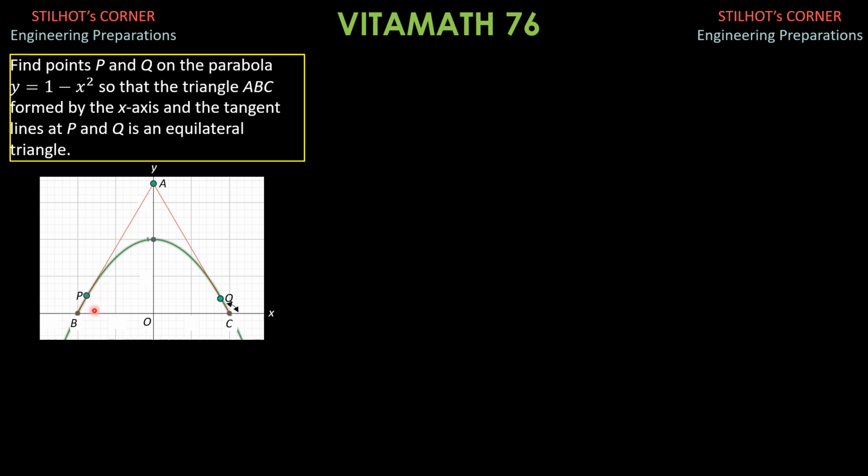So this is the parabola y equals 1 minus x squared. So the triangle ABC formed by the x-axis and the tangent lines at P and Q is an equilateral triangle.